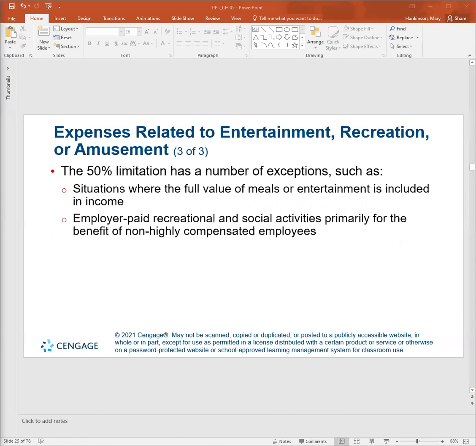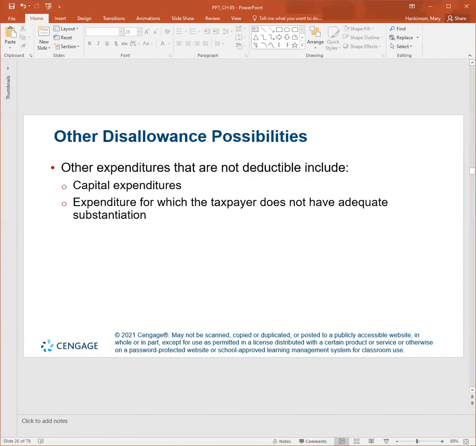The 50% limitation does have a number of exceptions: expenses for meals or entertainment treated by the recipient as taxable income, and expenses for recreational or social activities primarily for the benefit of non-highly compensated employees. Other expenditures that are not deductible include capital expenditures and expenditures for which the taxpayer does not have adequate substantiation.